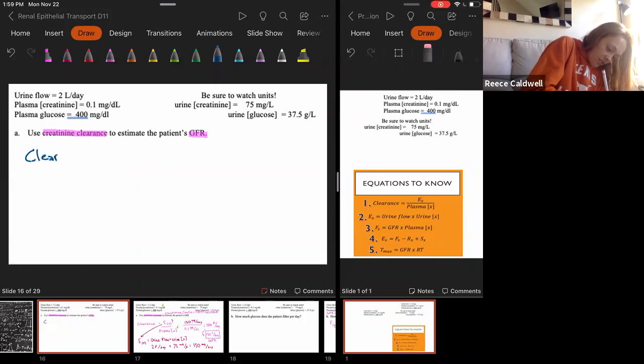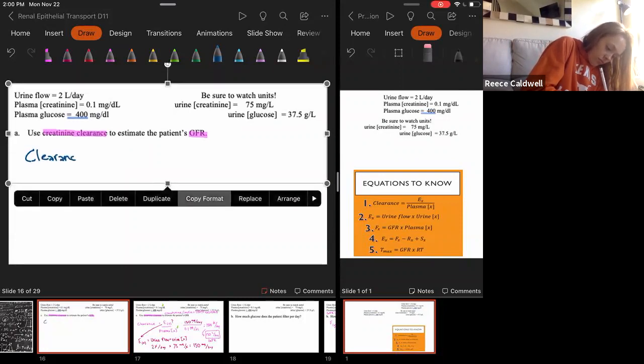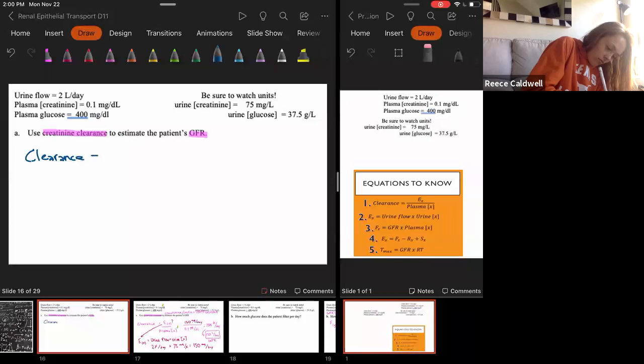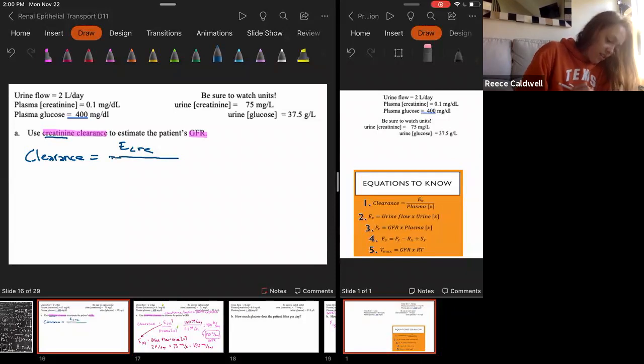So clearance equals the excretion rate, and we're specifically looking at creatinine. So the excretion rate of creatinine, which I'm just going to abbreviate as CRE, divided by the plasma concentration of creatinine.